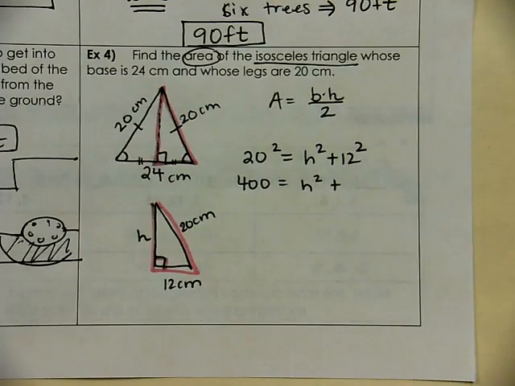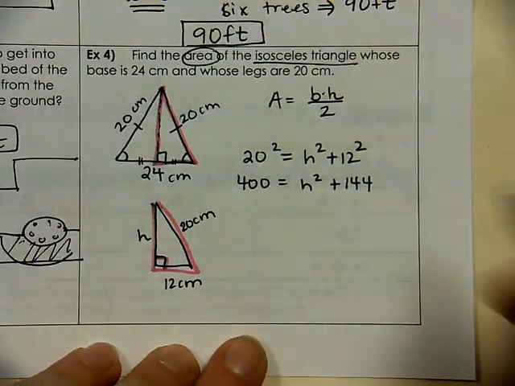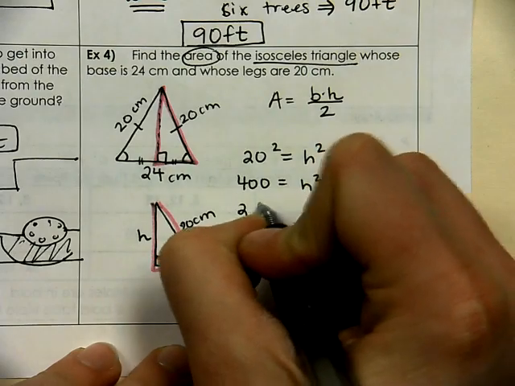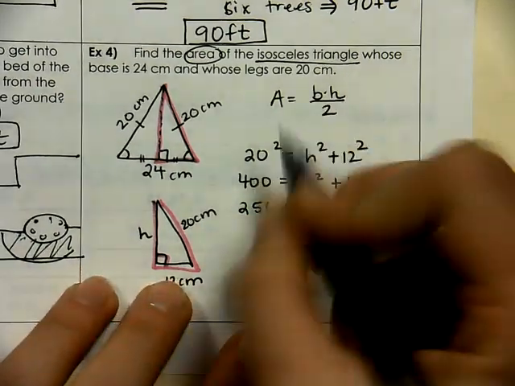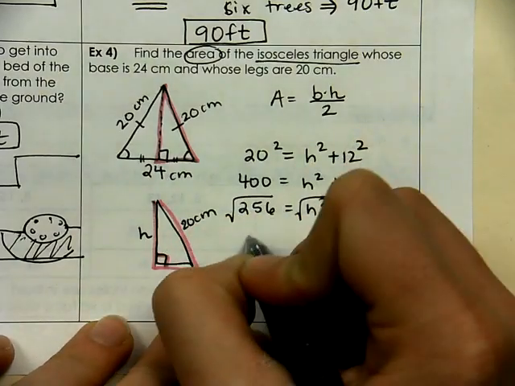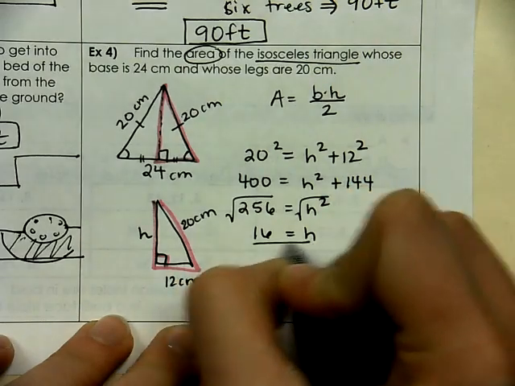Oh, all right, calculator, where are you? 12 times 12. Oh my goodness, I can't believe I couldn't remember that. 144. Okay, so I've subtracted that. That's 256 is equal to the height squared. So when I square root it, then I get 16 is my height.